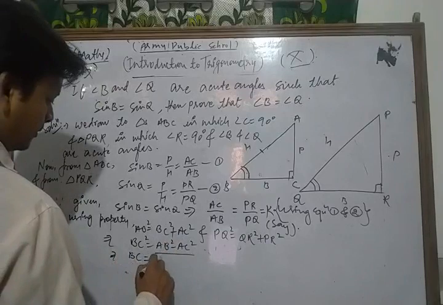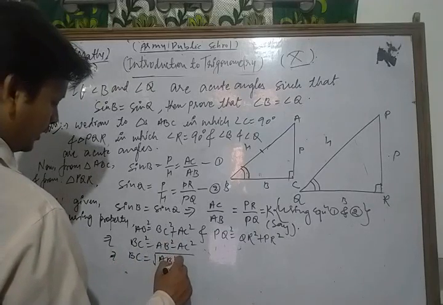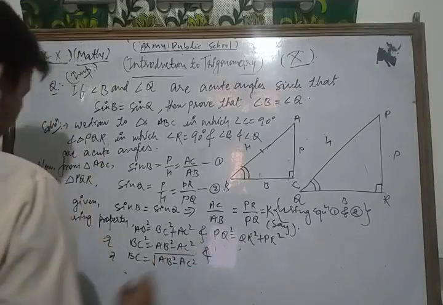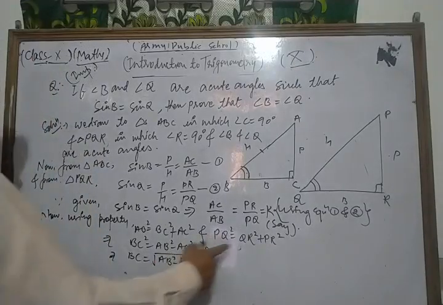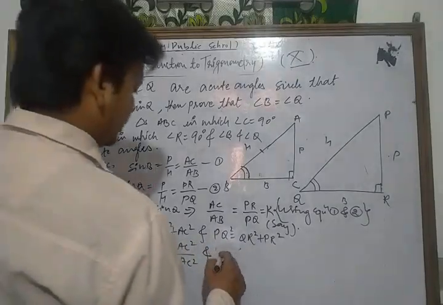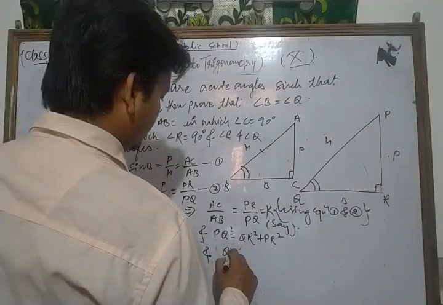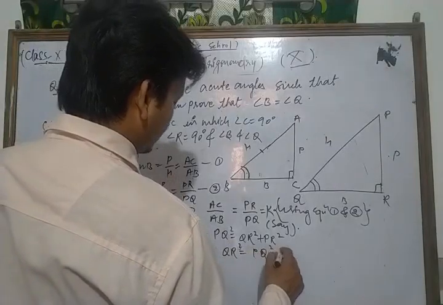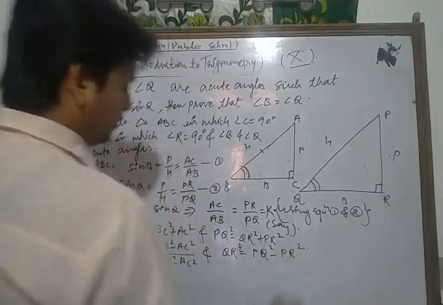so the value of BC is under root AB square minus AC square, and similarly QR square is equal to PQ square minus PR square.